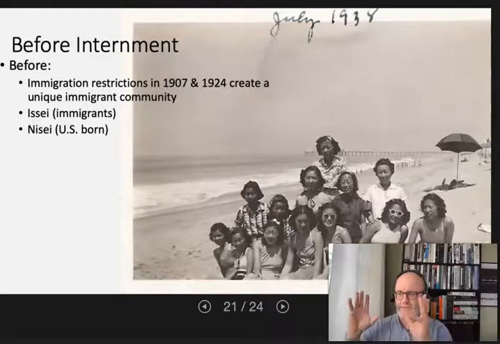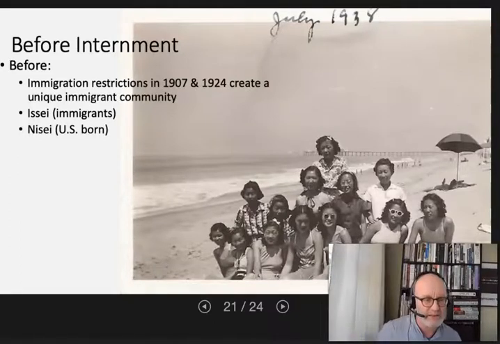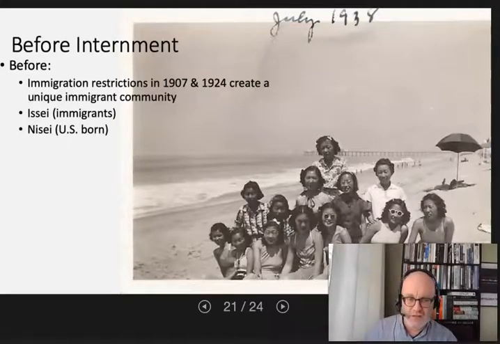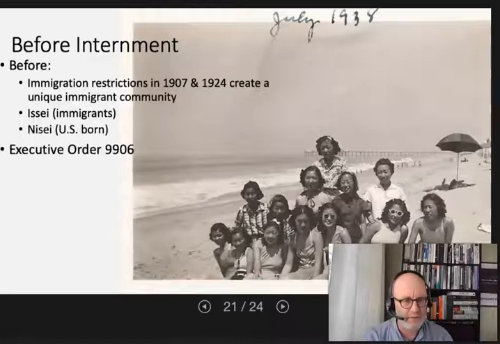So you have this immigrant generation and then their kids, and that's it. We're just starting to get grandkids in this time period because of the Gentleman's Agreement in 1907, because of Johnson-Reed in 1924. It has a very unique immigrant look.